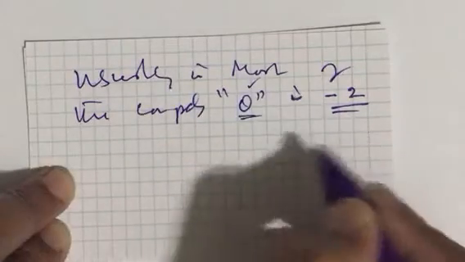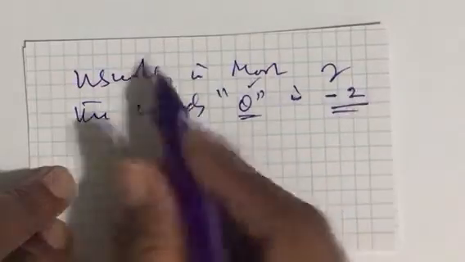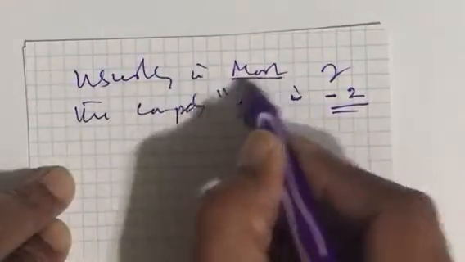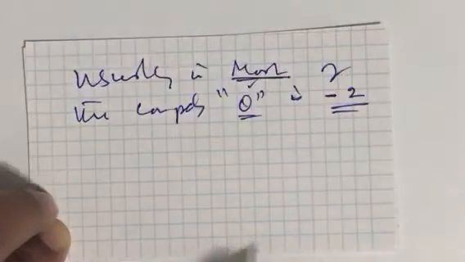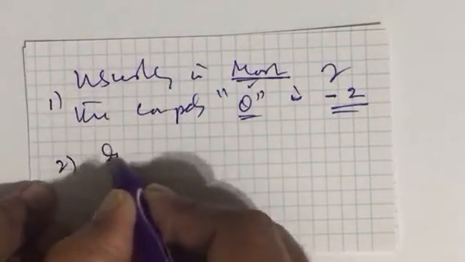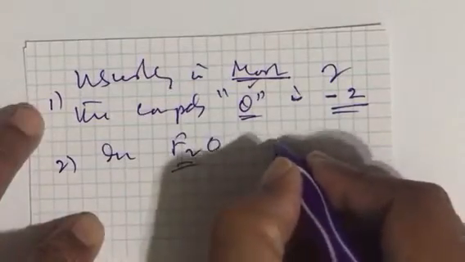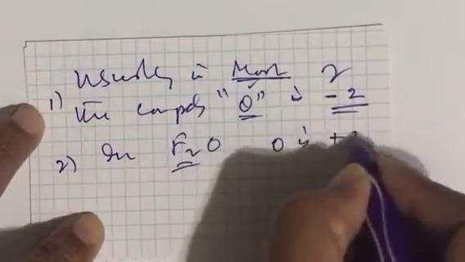So whenever oxygen combines with fluorine, its oxidation state cannot be -2. That's why we said usually in most of the compounds, not in all compounds. Secondly, in F2O, because fluorine is more electronegative, oxygen is +2.